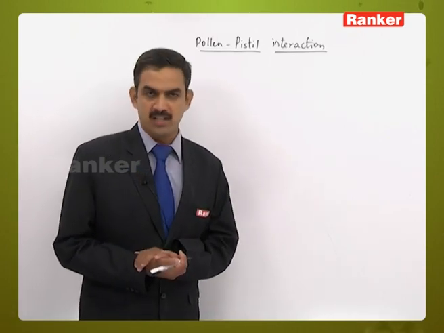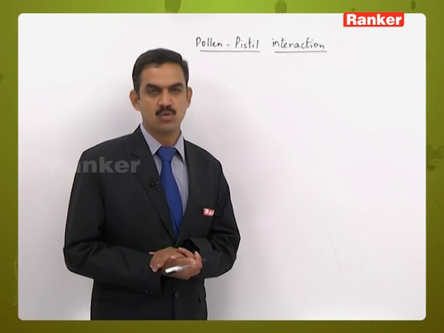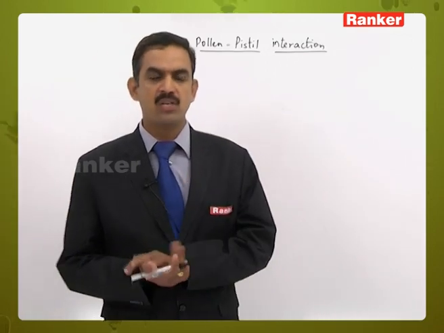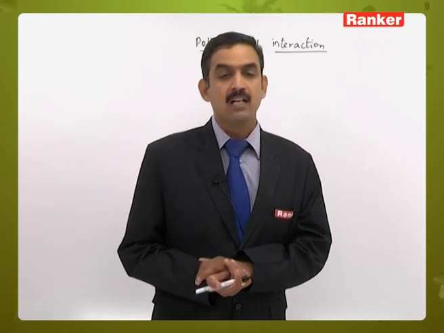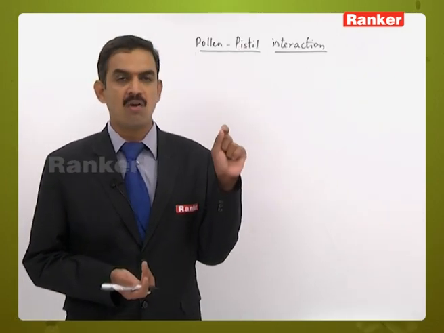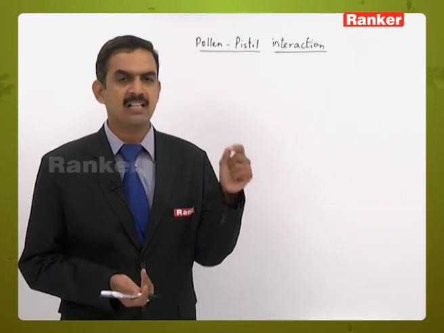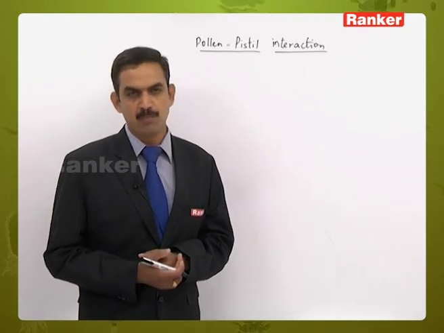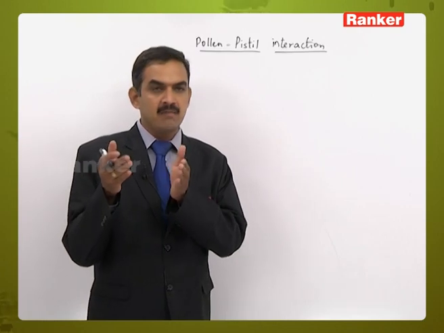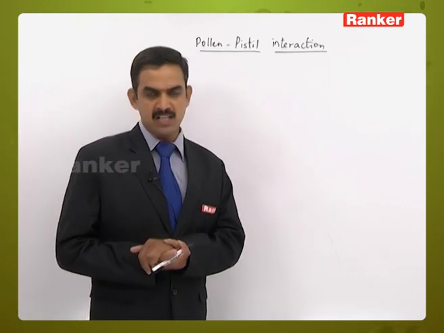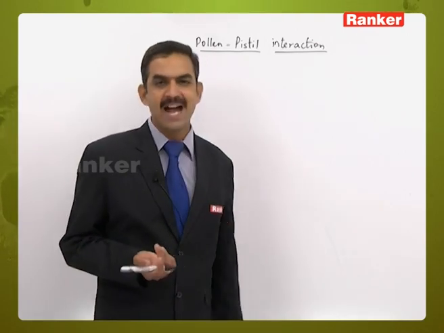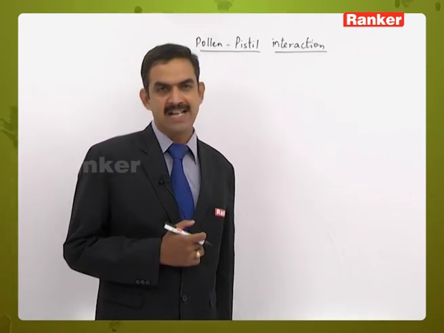The pollen grains transferred to the stigma should germinate, leading to the formation of a pollen tube. This entire process of transfer of pollen grains and germination of the pollen grain producing the pollen tube, which initiates the process of fertilization, is part of the pollen-pistil mechanism or pollen-pistil interactions.